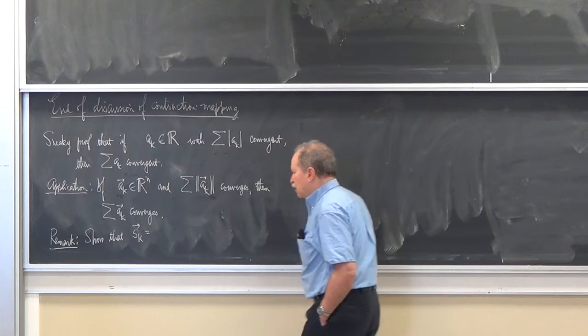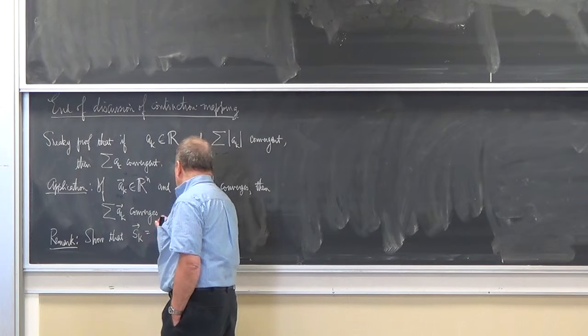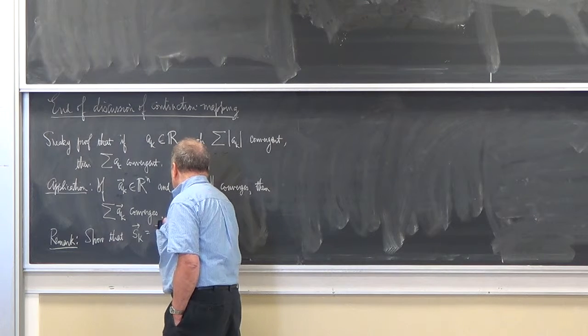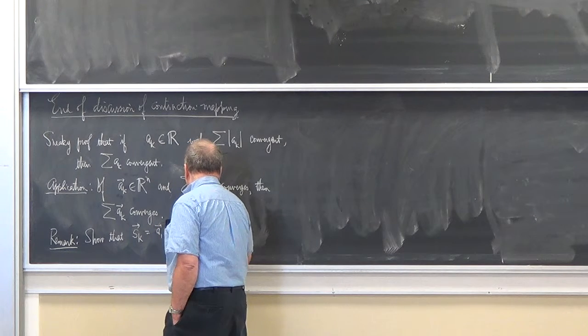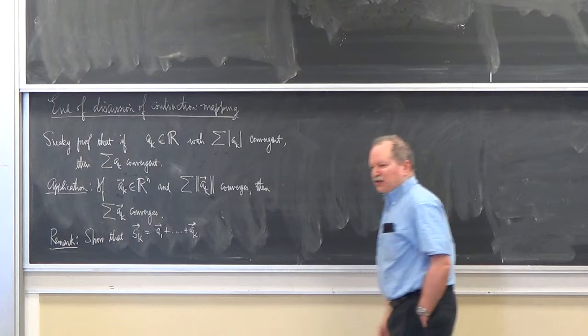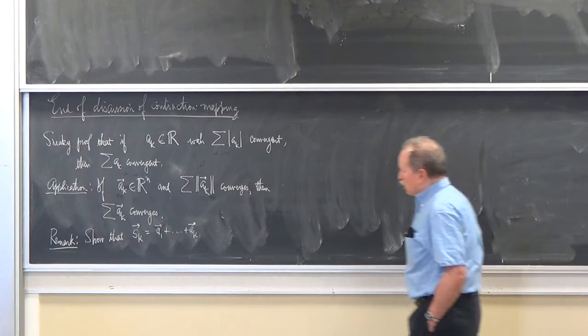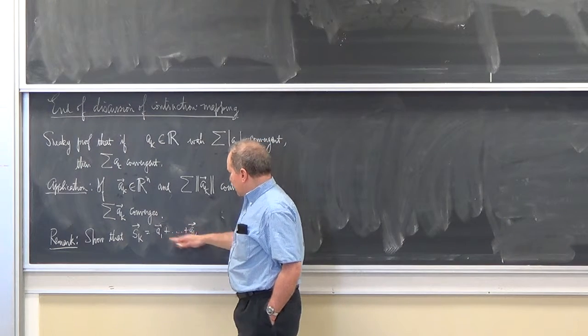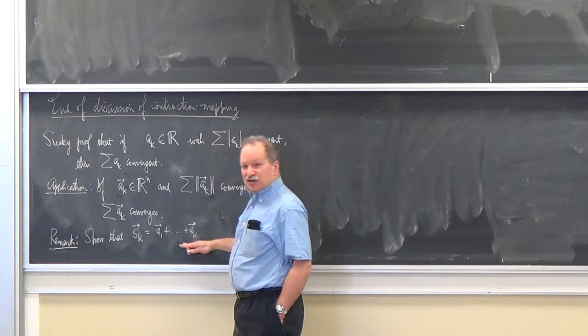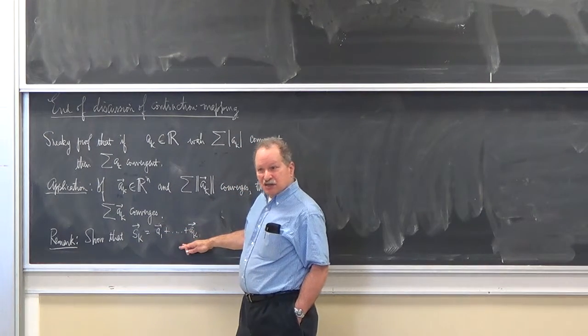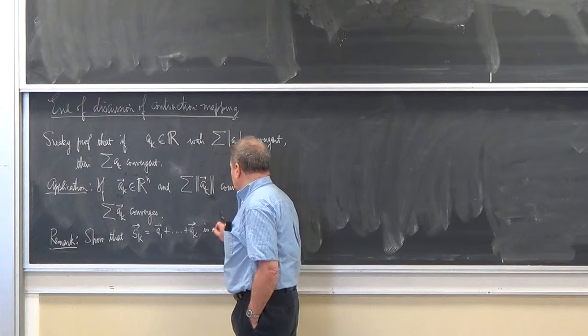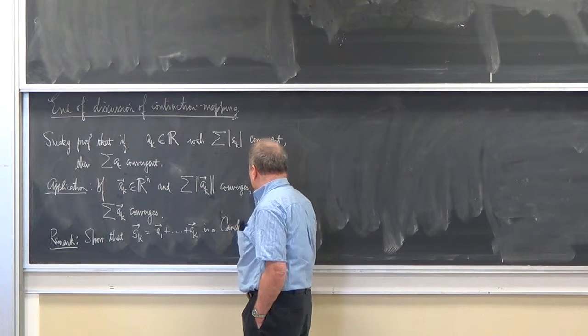But you could look at the sequence of partial sums of these vectors. This is what you always do, and those of you who will still take 3100 will play with this more. You will always work with sequences of partial sums. You could show that this sequence of vectors that you get by adding up part of the series is a Cauchy sequence of vectors.